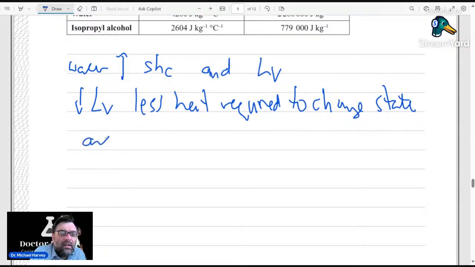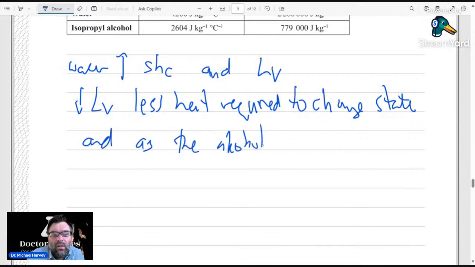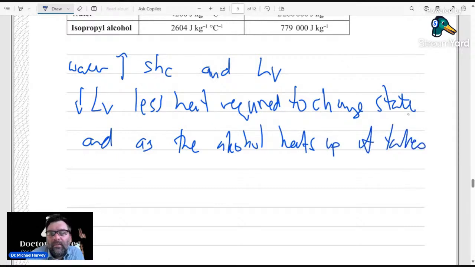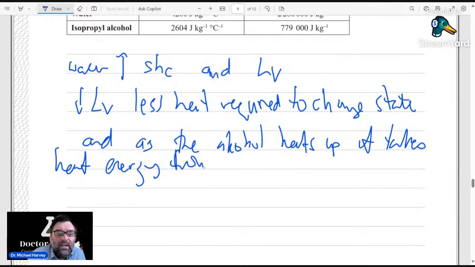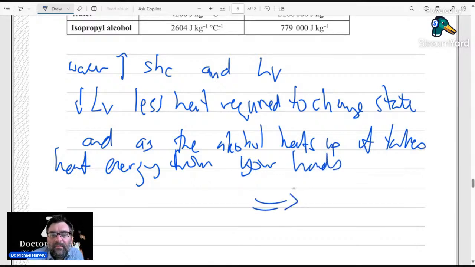Okay, and as the alcohol heats up, it takes energy, or heat, I'll make it specific, heat energy from your hands. That's why it's colder.